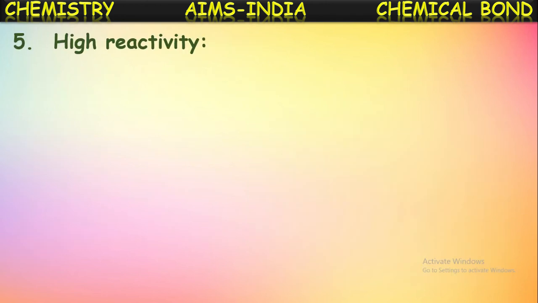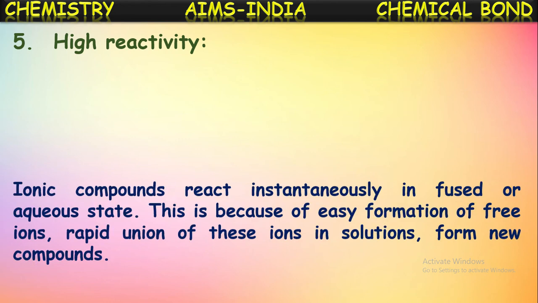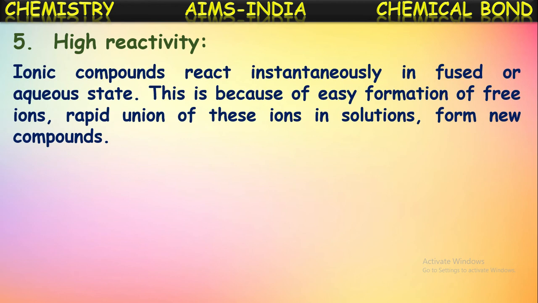Next one, high reactivity. Ionic compounds react instantly in fused or aqueous state. Of course, here also we say reactivity in the solid state is somewhat less. But ionic compounds react instantaneously in fused or aqueous state. This is because of easy formation of free ions. Rapid union of these ions in solutions forms new compounds.